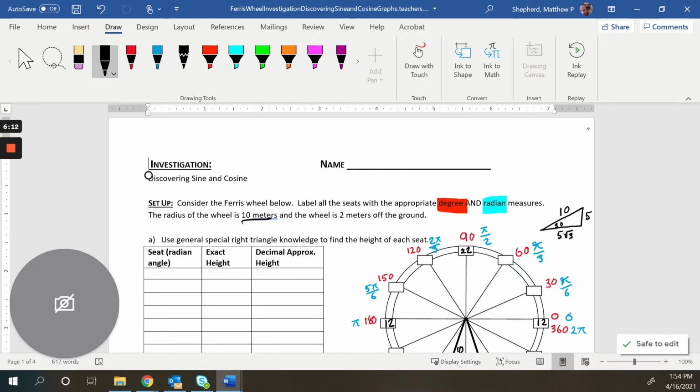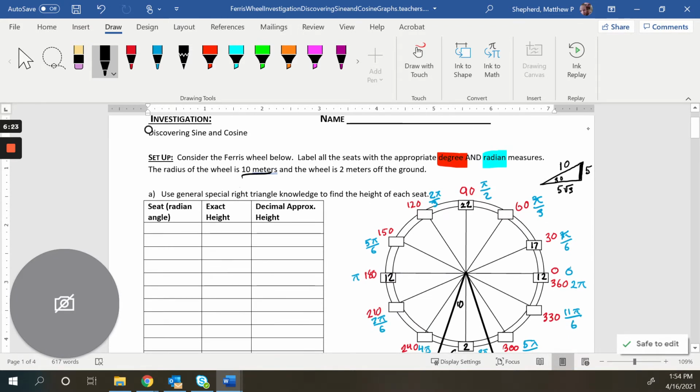So we can see that the height off the ground there is going to be 5. So 5 above the 12 would be 17. Well, this guy's the same height, so he should also be 17. Well, and this is also another 30-degree angle right there, just going lower. So I need to be 5 below that. So that's going to be a 7. Okay.